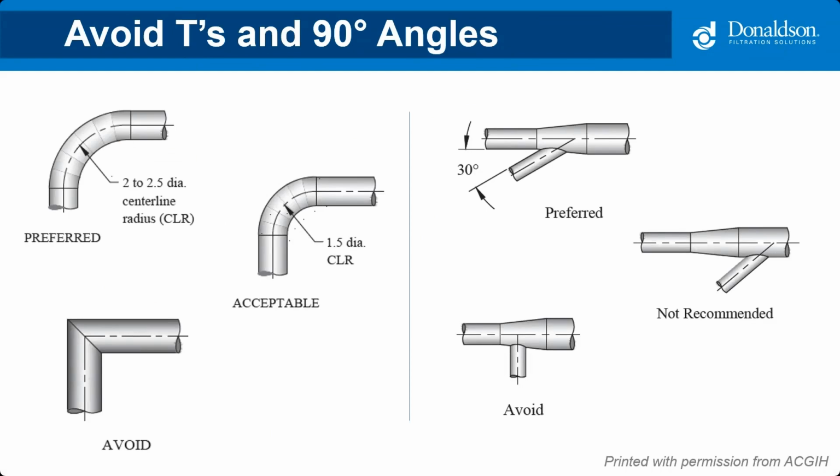But if the elbows are mitered 90-degree turns, as you can see on the bottom image, that's something that you're really going to want to avoid because all the air has to slow down, turn, and then speed back up again. This is going to create a ton of turbulence in the ductwork, which adds more energy consumption and a higher static requirement to the system. The same goes for things like branch entries pictured on the right. You can see that a 30-degree angle is preferred.